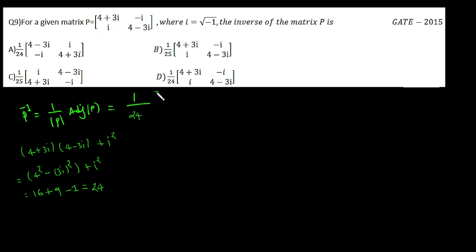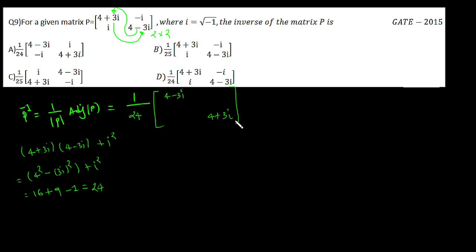Now we have to find the adjoint of this matrix. Here it is a 2 cross 2 matrix, so it is easier. What we have to do is simply this element goes to here and this element comes here. So we have 4 minus 3i, and this element will come here, so we have 4 plus 3i.